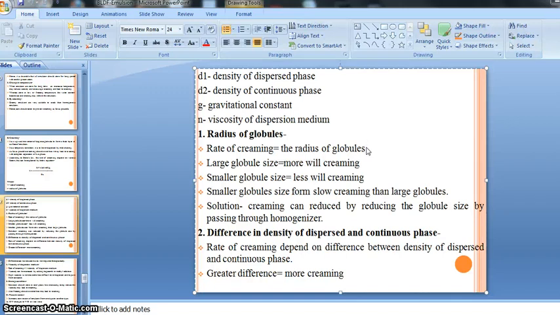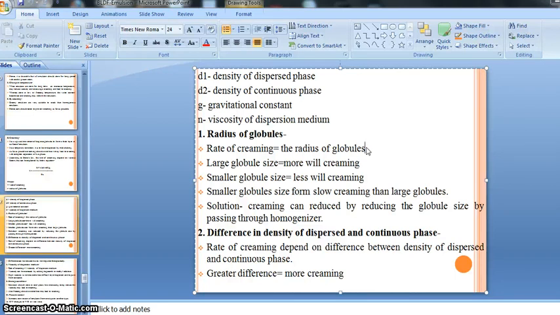So by this way the rate of creaming depends on the radius of our globules, right? Suppose you know that a coarse emulsion contains a large size of globules.